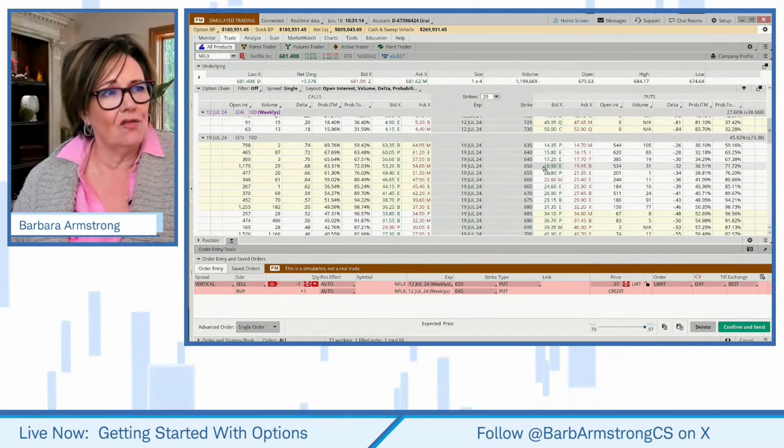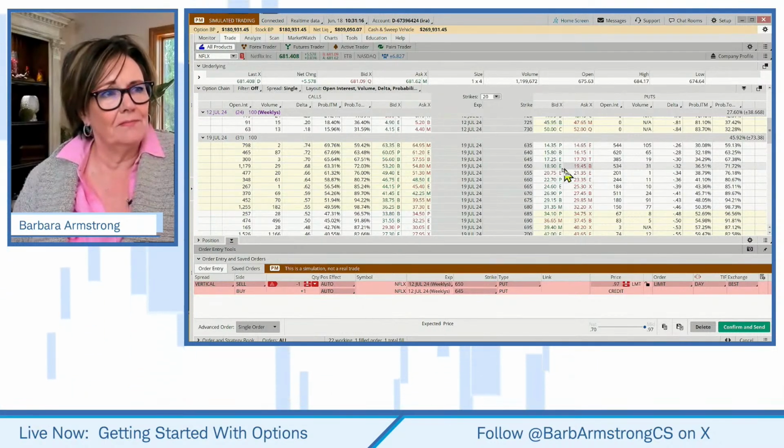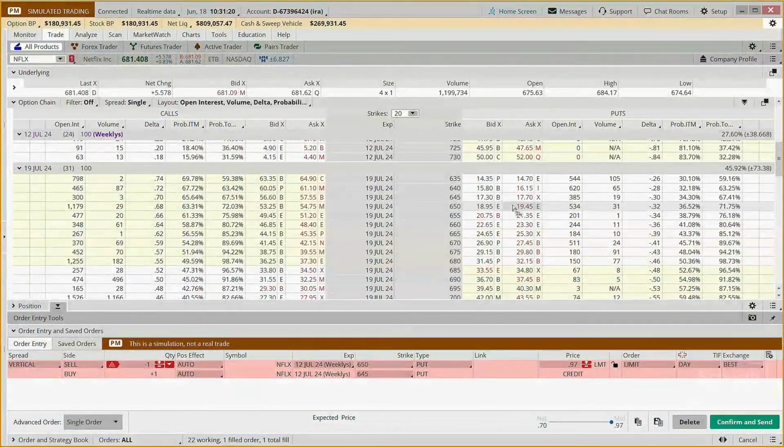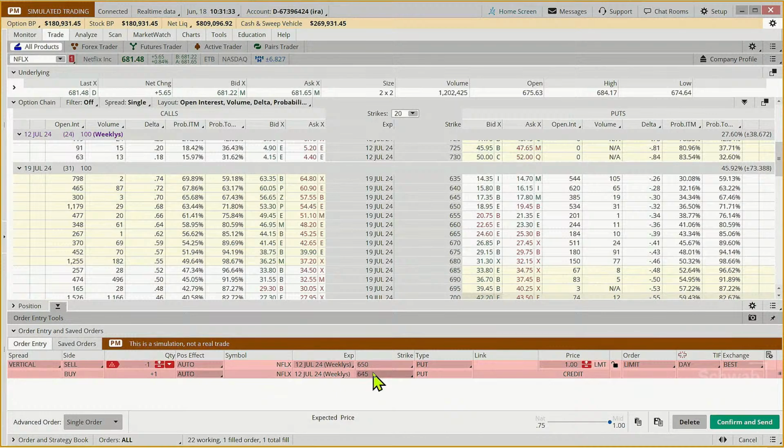Also, to just sell the put, these are expensive. And so, although you'd be receiving this premium, you might end up having to buy $65,000 worth of stock.